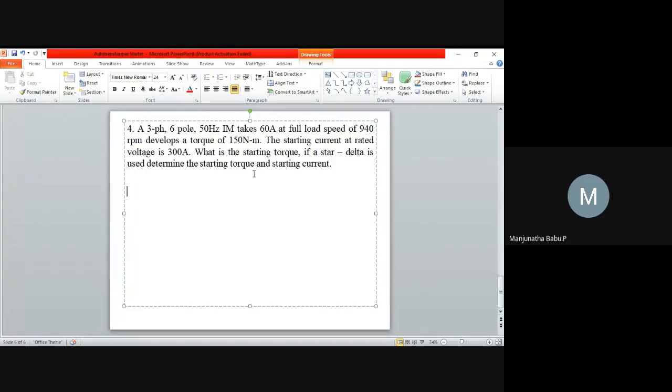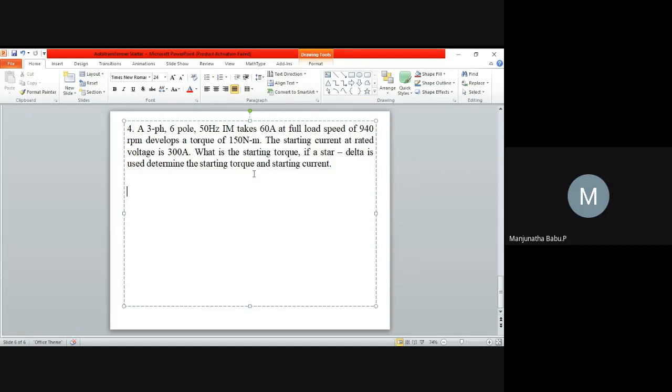Now with respect to that starting torque, what will be the starting current? With the same formula, consider ISC as 300 amps. The starting torque is 75 divided by full load torque 150.